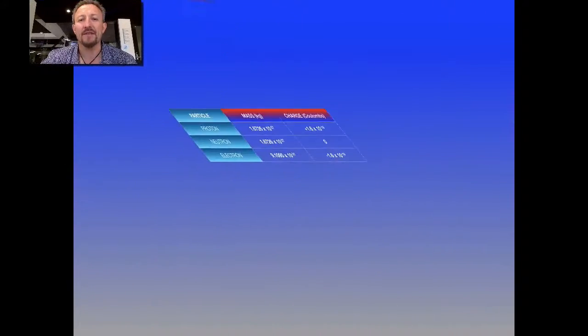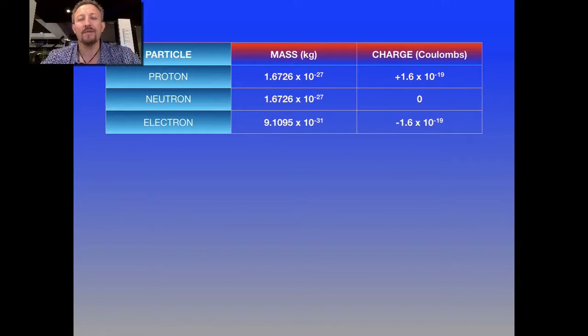So what do we know about these particles? Well, we know that protons, electrons and neutrons have a mass and a charge, and they all work together. We can see here in our table that on the top we've got our protons, followed by our neutrons, and then our electrons.